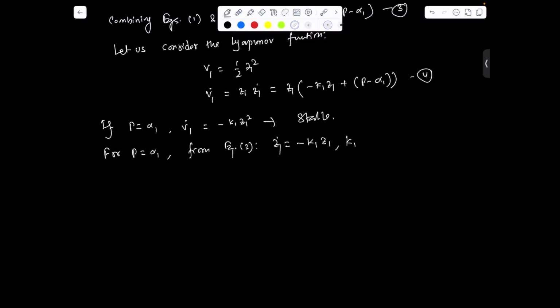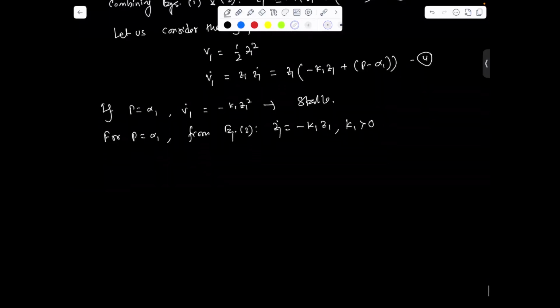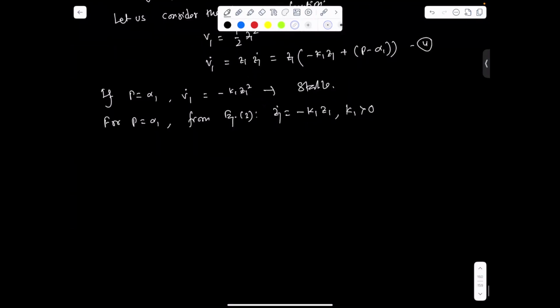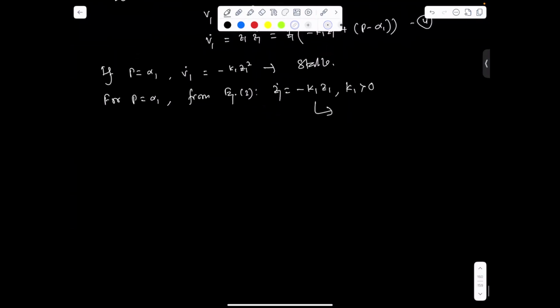So here K1 is a positive control gain, and we can say this is asymptotically stable. So now we have come up with the conclusion on G1 dot, and it is found to be stable.